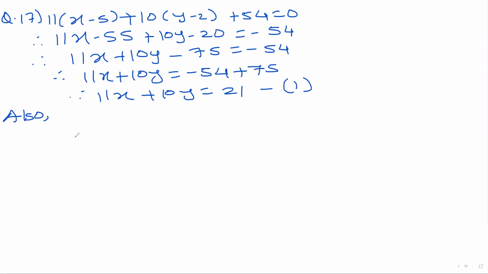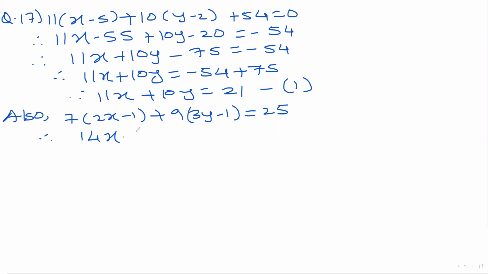Also, you have to simplify equation 2. What is equation 2? 7 into bracket 2x minus 1, right, plus 9 into bracket 3y minus 1 is equal to 25. Correct? So what do you get? 14x minus 7 plus 27y minus 9 is equal to 25.